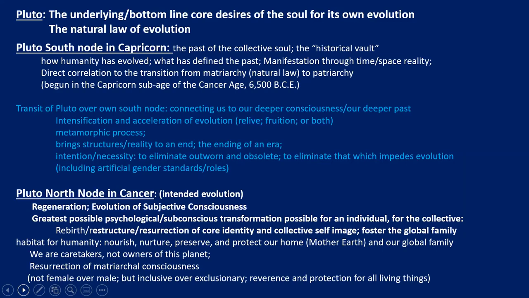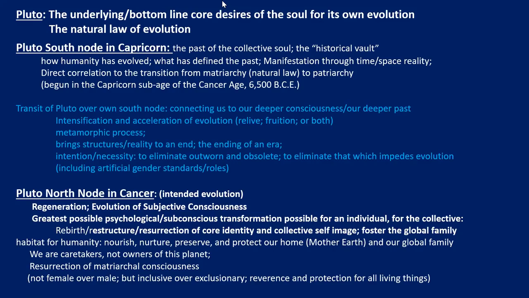All right, let me move to the next slide. So here we have Pluto. Pluto represents the underlying bottom line, the evolutionary core desires of the soul for its own evolution. Natural law of evolution. Pluto simply correlates to evolution itself, the evolutionary process. Pluto's south node in Capricorn is the past of the collective soul, as I said previously, the historical vault: how humanity has evolved, what has defined its past.